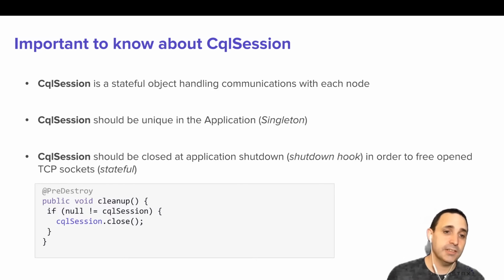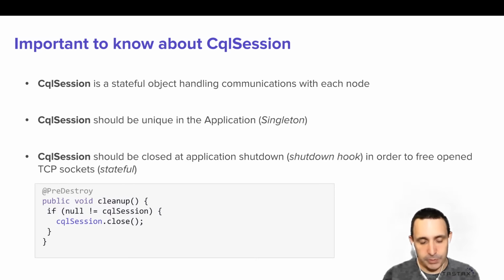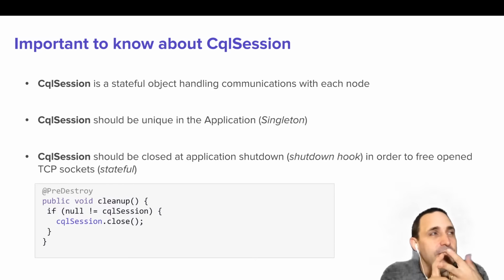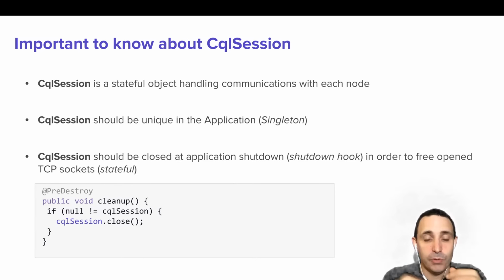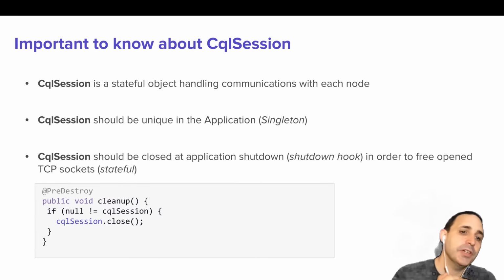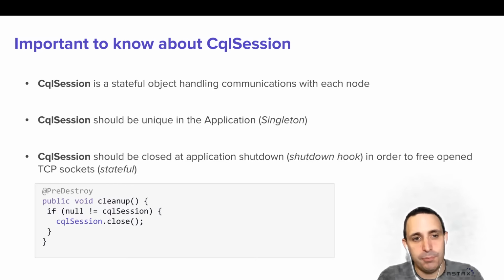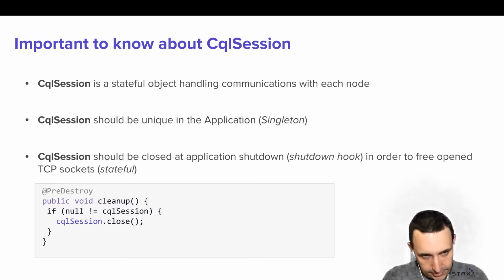Okay, how to close it? In the Java world, you use what we call a shutdown hook, and I know at least two ways to do it. You can go to Runtime.getRuntime().addShutdownHook and implement a lambda. Or you can use the Spring PreDestroy annotation, and on cleanup you simply close the session.